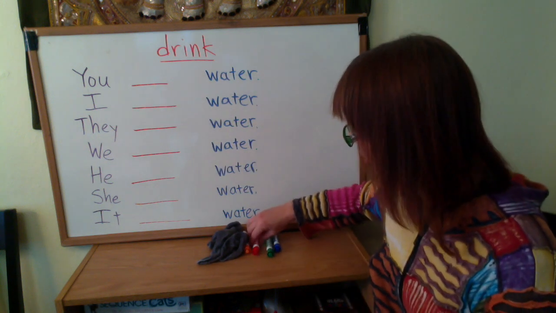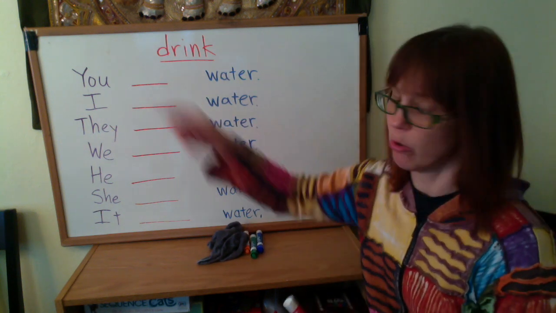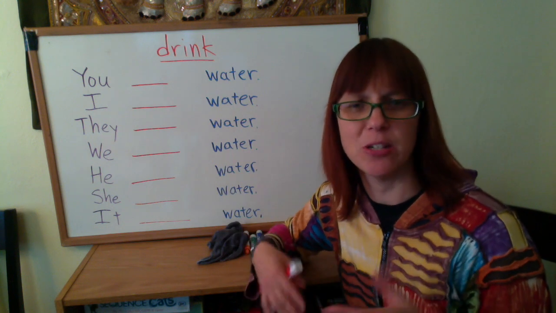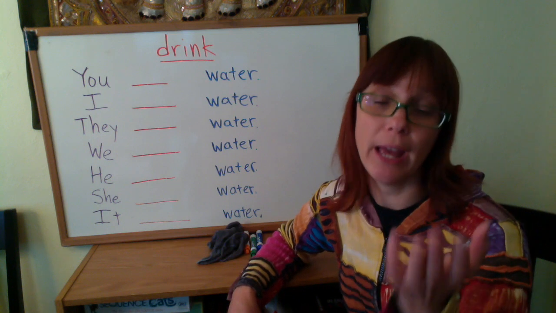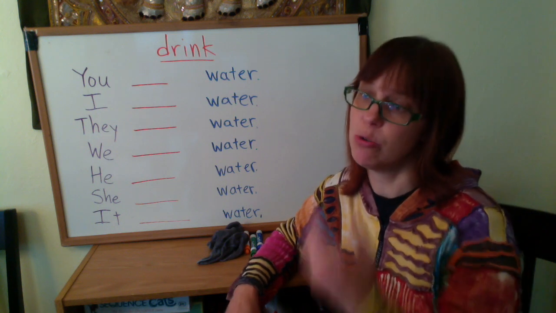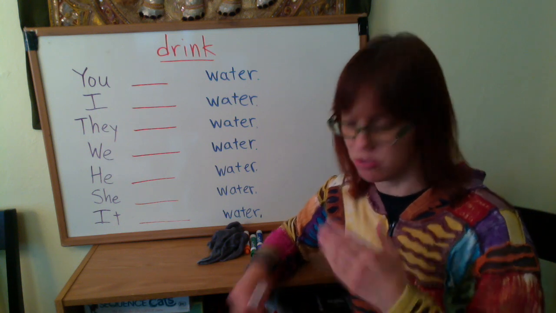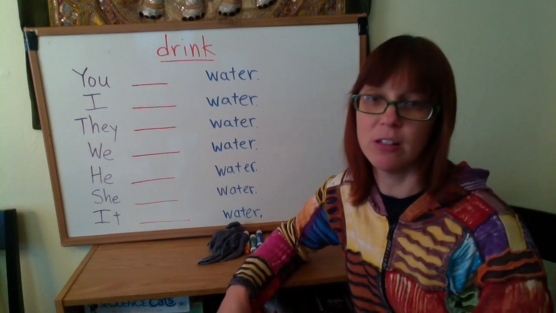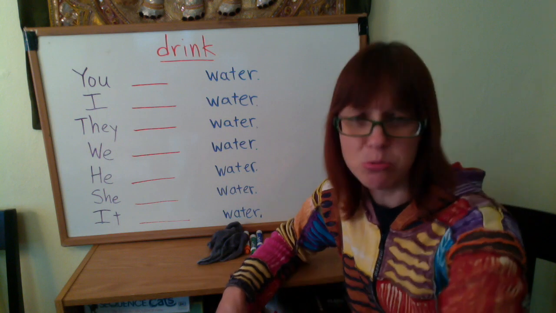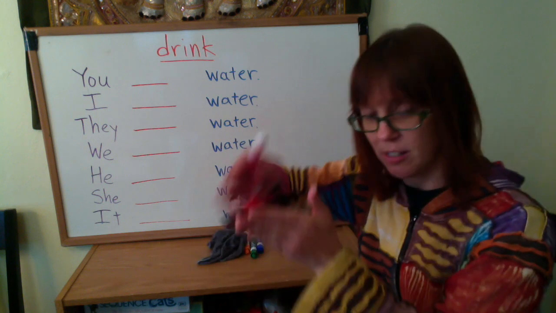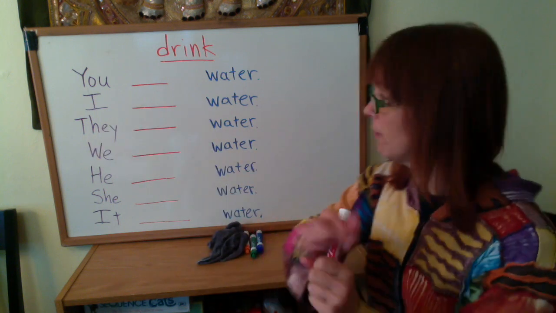So I use this form when I talk about something I do again and again. You drink water every day. You drink water in the morning. You drink water on Monday, you drink water on Tuesday, you drink water on Wednesday.